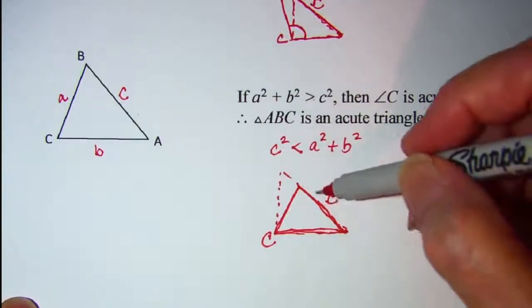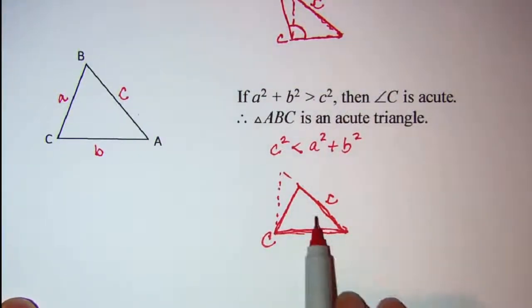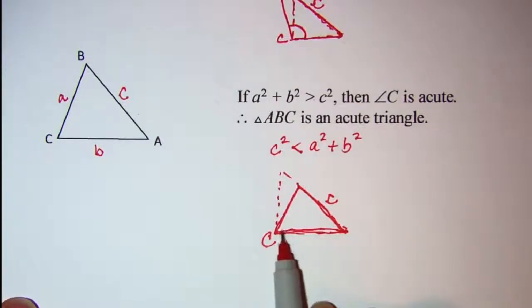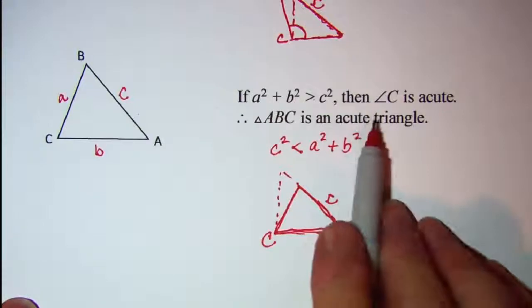So we can see then that when this occurs, angle C is acute and our triangle is an acute triangle.